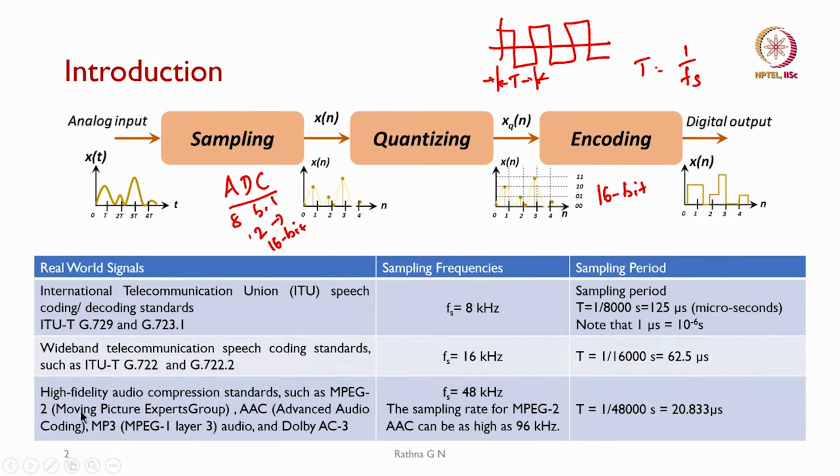And when you go for high fidelity audio compression like MPEG 2, AAC, MP3 or Dolby, they operate at 48 kilohertz. So within 20.833 microseconds I must be able to finish my sampling, quantization, encoding, even the computation of my signals and the outputting. That is the real time constraint we have put.